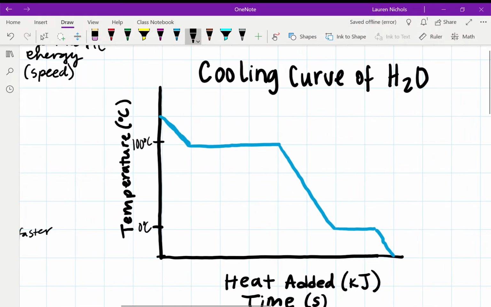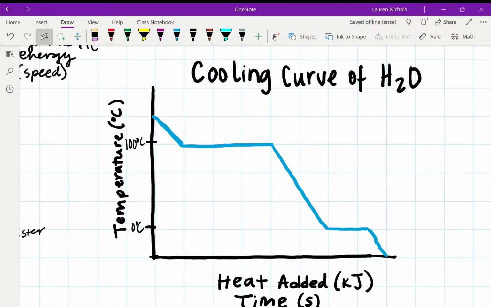Here we have the same temperatures, but if you're cooling down, the temperature is going to go down. So we start with a gas, and as the gas reaches 100 degrees, the energy that's releasing is being used to reform the intermolecular forces, and we see condensation start to happen.